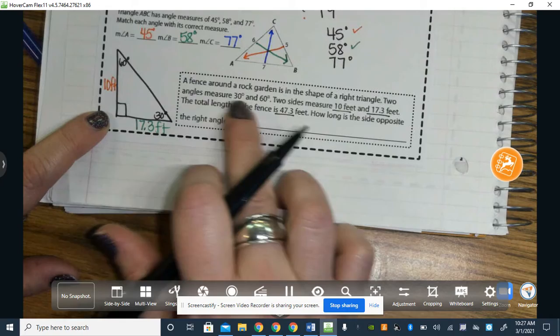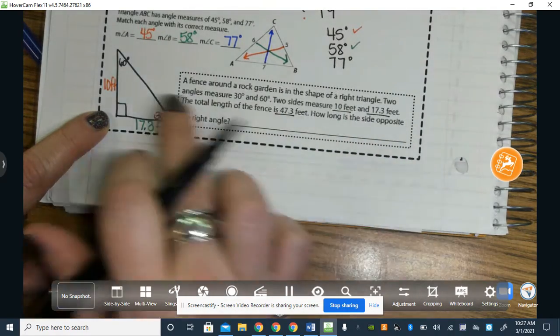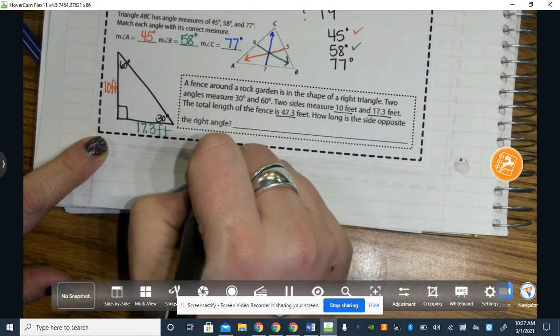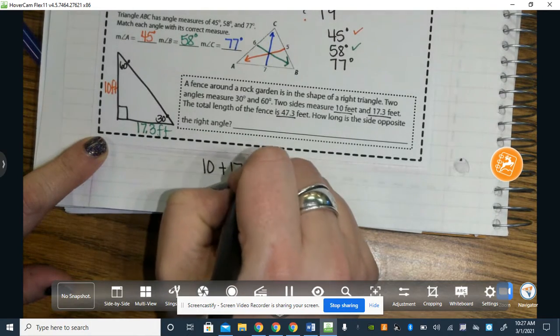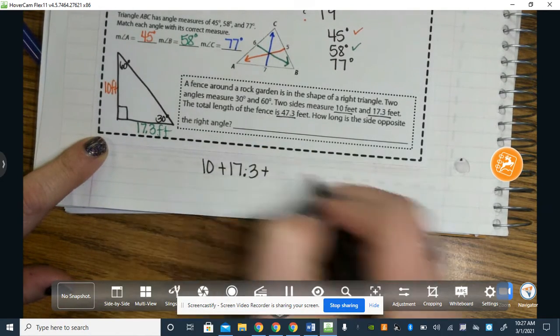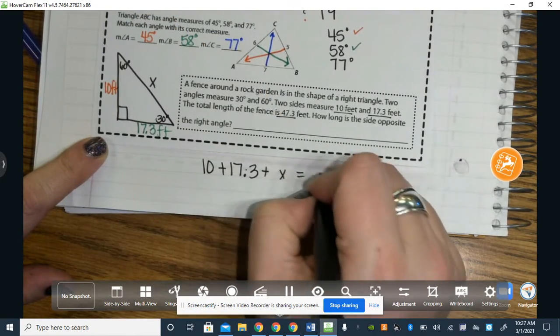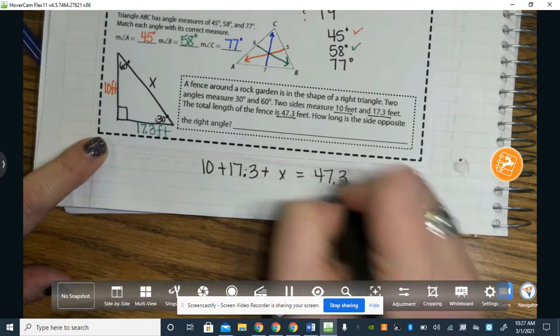Remember, a fence is kind of like perimeter, so we add up all the sides. So to add them up, we take what we know, 10 plus 17.3 plus, I don't know what this is, let's just put X, is equal to 47.3.